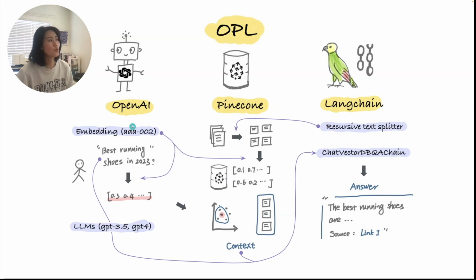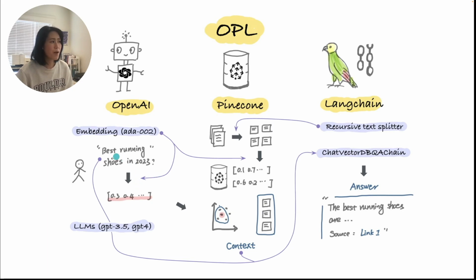The next step is we use OpenAI's embedding model to embed those texts into vectors, and we will store those vectors in the Pinecone database. Then during the inference stage, for example, if a user asks a question, what are the best running shoes in 2023?